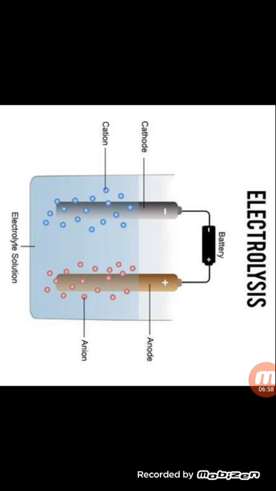Then clean these carbon rods or iron nails properly, then connect one nail or carbon rod using copper wire to one terminal of the battery, and connect the other nail or carbon rod to the other end of the battery. Now take water in a beaker and dip the carbon rods in it. Now observe if there is any change.